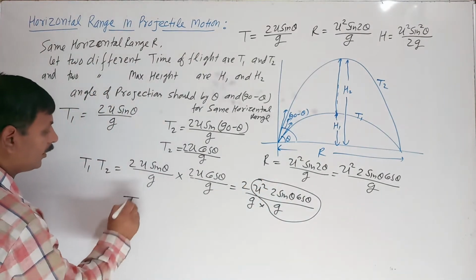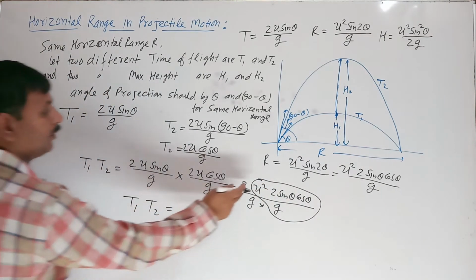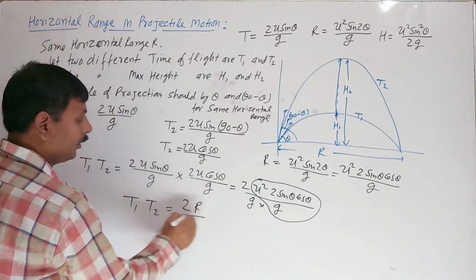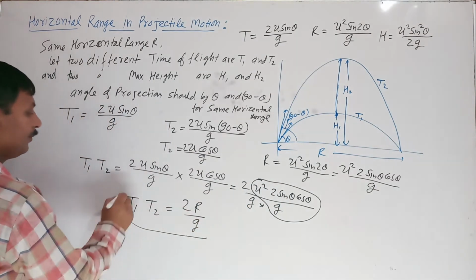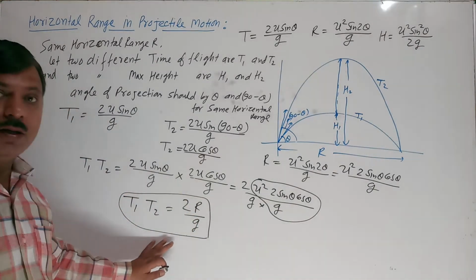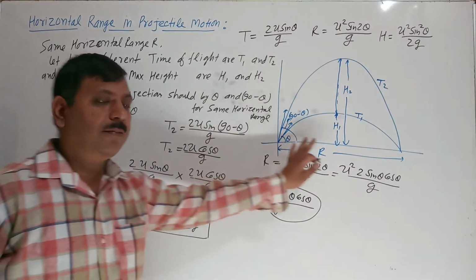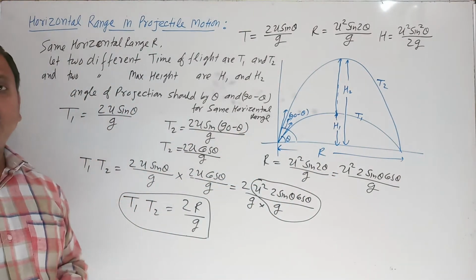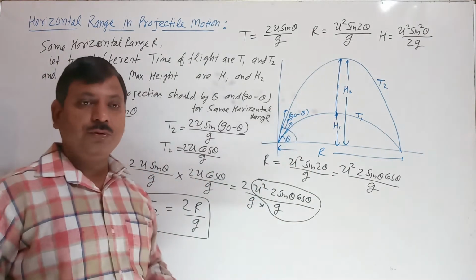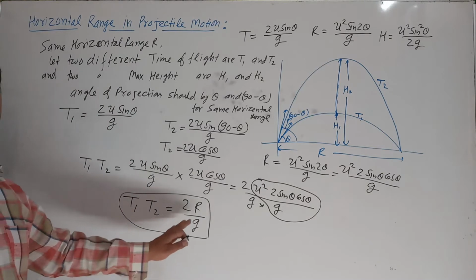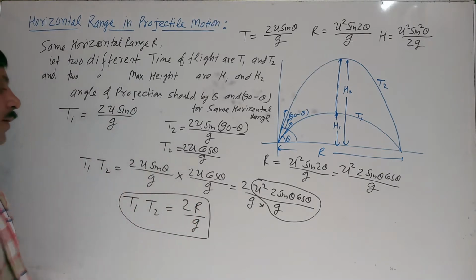So this T1 T2 is equal to what? 2R upon g. Very important: for the same horizontal range, if T1 and T2 are the times of flight for those two motions with different angles of projection, then T1 T2 is equal to 2R upon g.